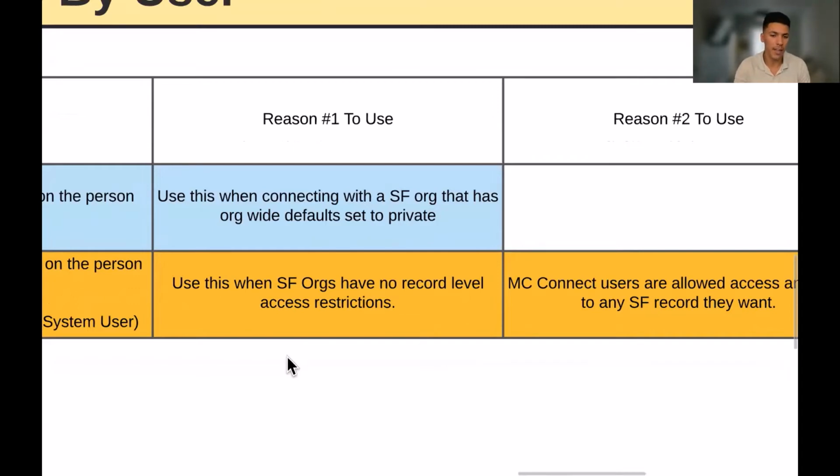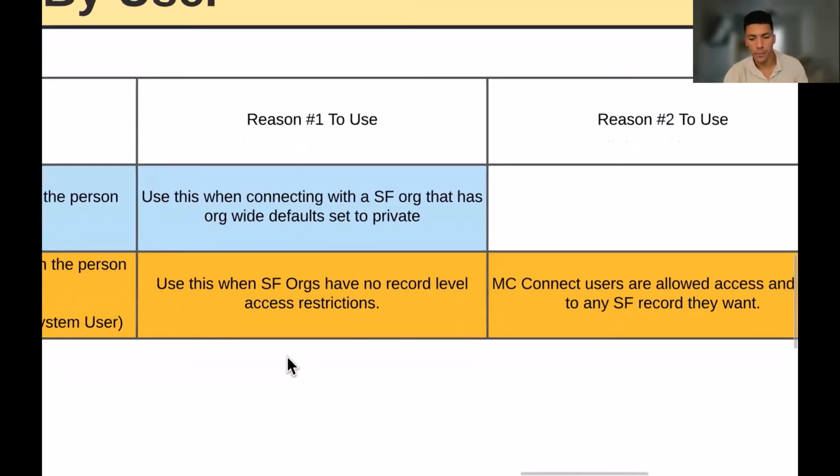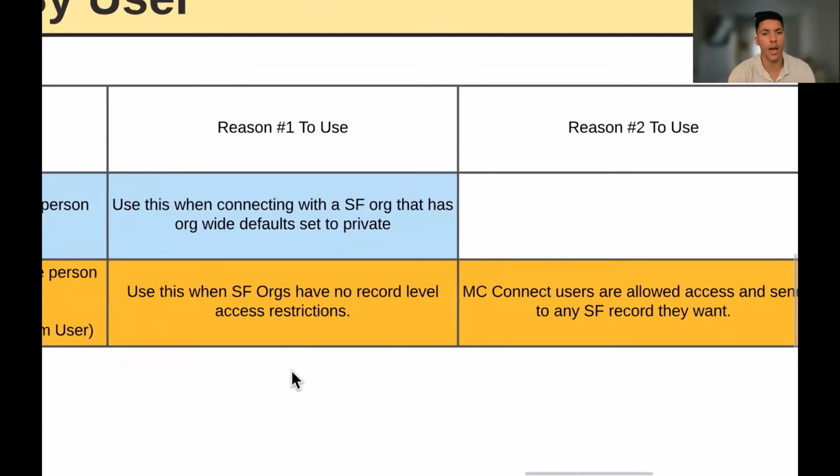If that's the case, it really doesn't matter for you to have scope by user set up because everything's already public read, maybe even public read write, public read write transfer. So it really wouldn't matter to set up scope by user because you can see everything anyways. So that's the reason you would use non-scope by user.